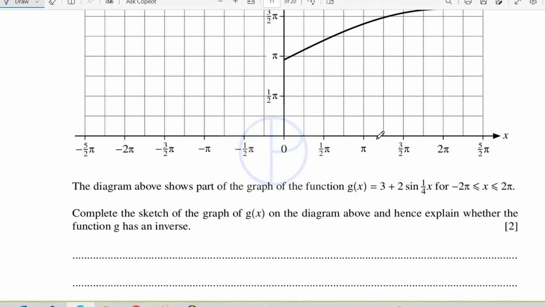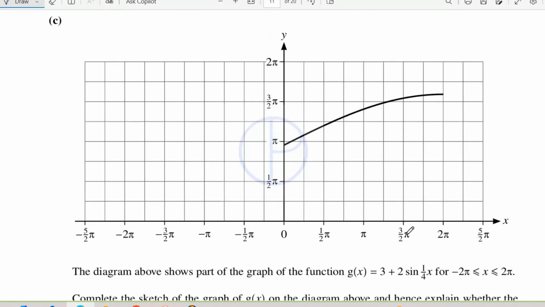So first let's complete the graph g of x. When x equal to negative 1 over 2 pi, let's find out what g of x is. When x equal to negative 1 over 2 pi, g of x is 2.23.